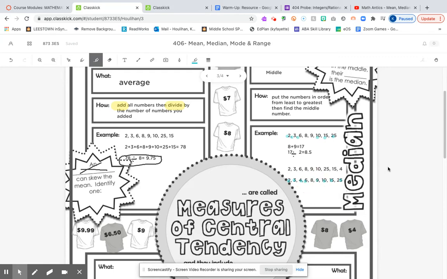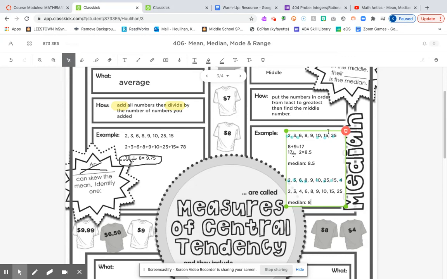And our median for this one is going to be 8 because that is my middle number. So let me just put in here. For the first one, our median was 8.5. And for the second one, our median is 8 because that is the number in the middle.